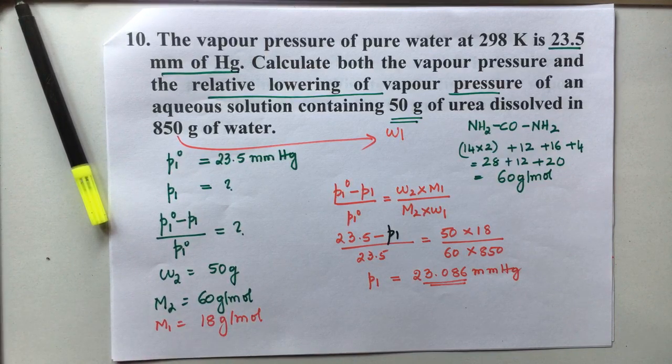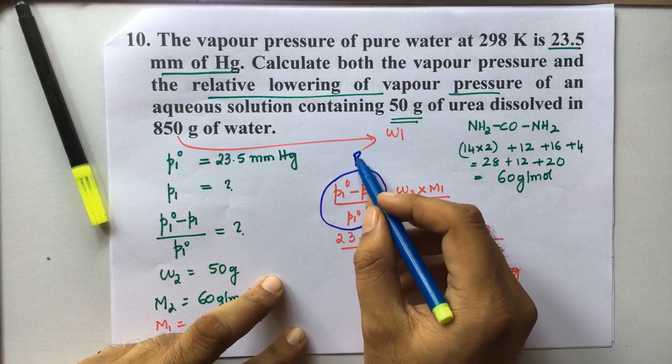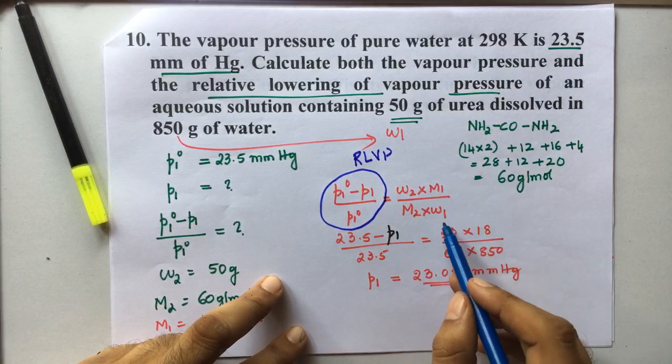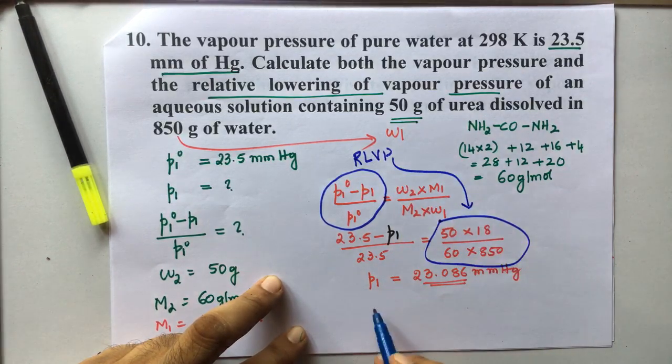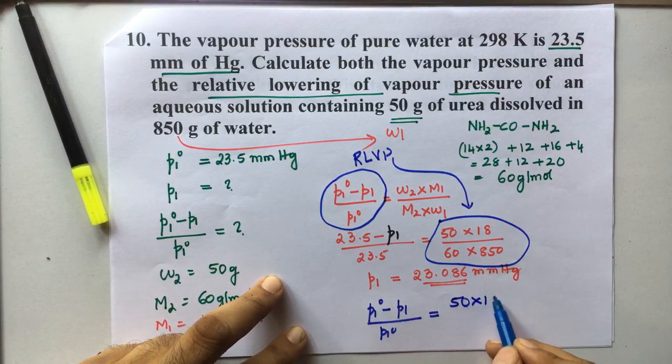Second part, what they have asked is to calculate the relative lowering. This is called relative lowering of vapor pressure, RLVP. So (P1 naught minus P1) divided by P1 naught should be equal to 50 multiplied by 18 divided by 60 multiplied by 850.